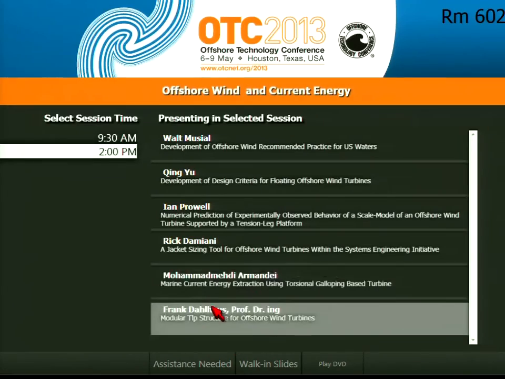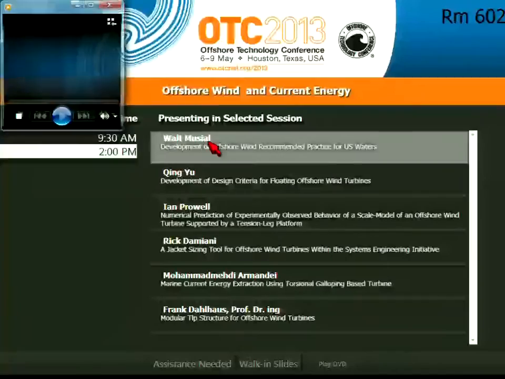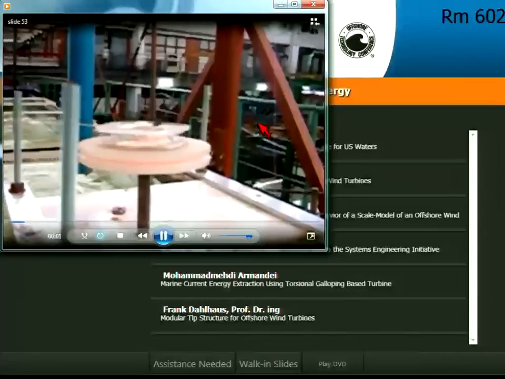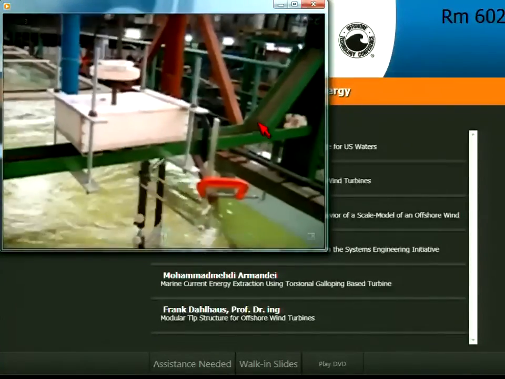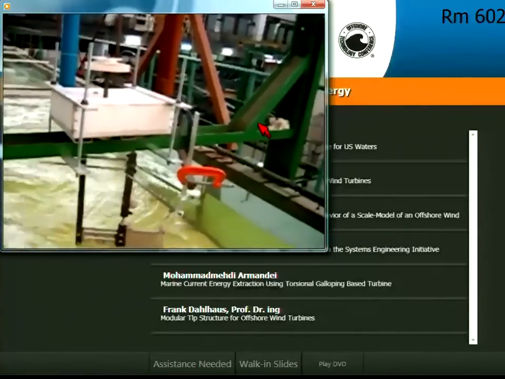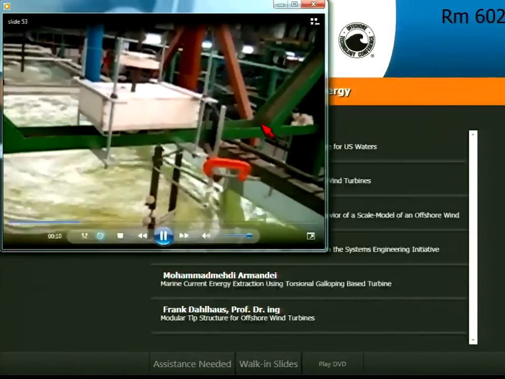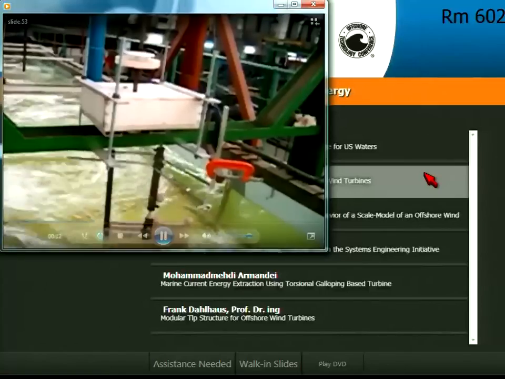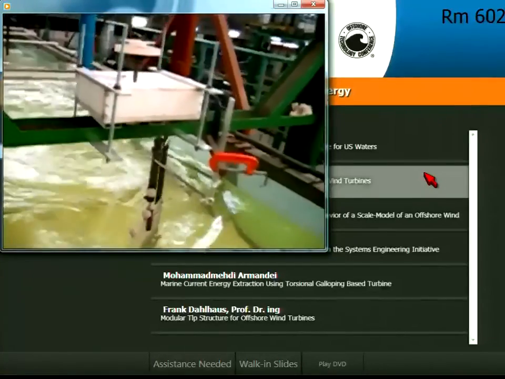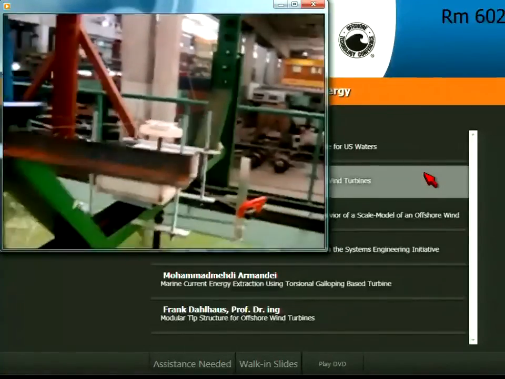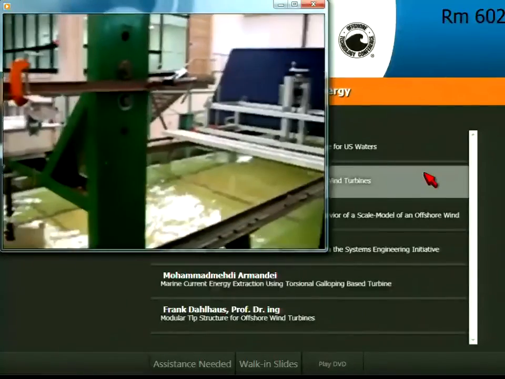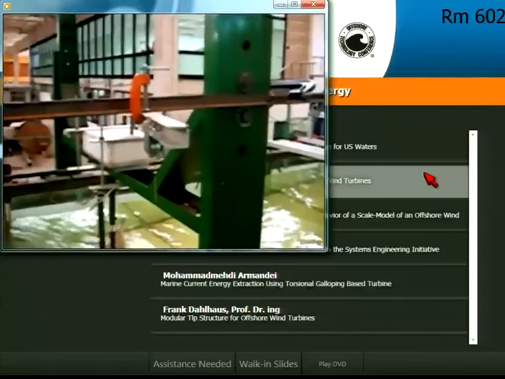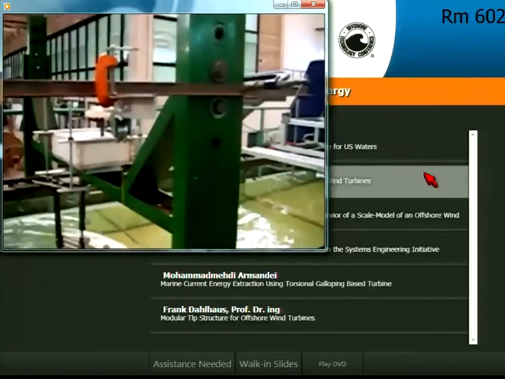Here I need to show one more movie just to see how the turbine works. You see here the output shaft, which is turning, and the input shaft, the flat plate, which is oscillating torsionally. As the output shaft turns around, it rolls a string around itself, and the string is connected to the weight on the other side, and it makes the weight be lifted up.